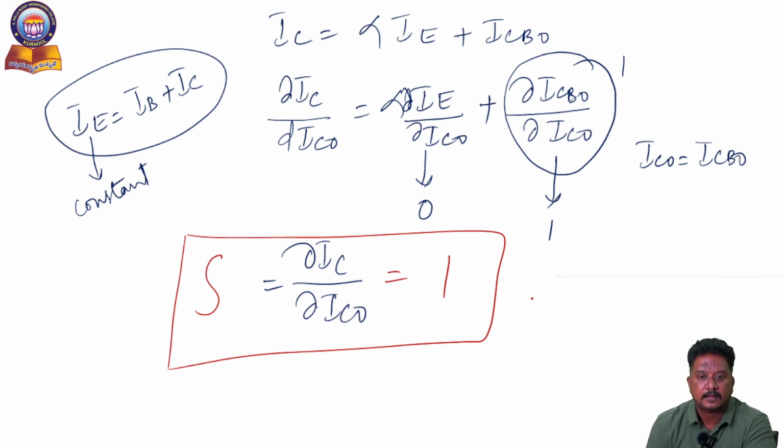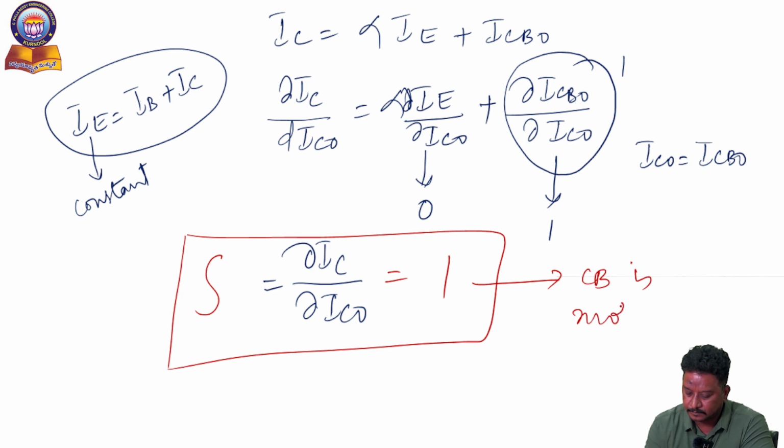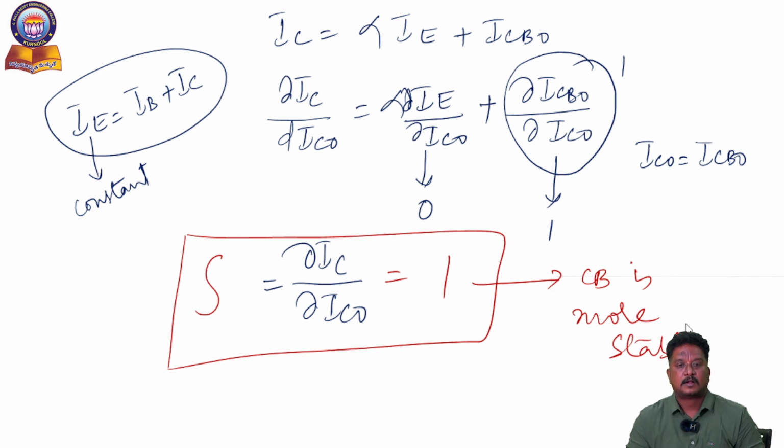That's why the common base is more stable. Why? Because the stability factor is unity. Let me conclude that common base is more stable after defining the stability factor of the common emitter.